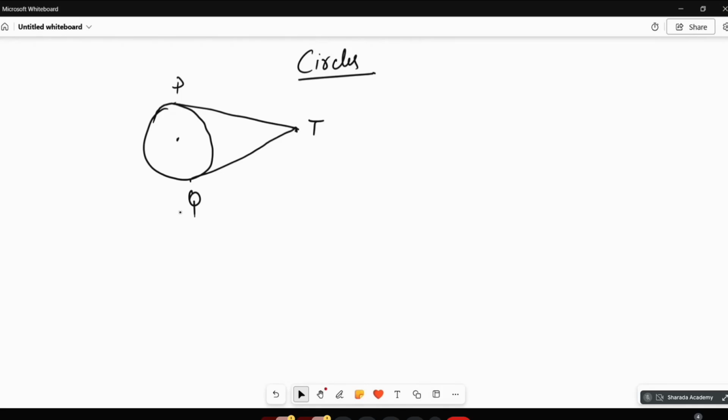That is PT is equal to TQ. So that is one of the important things which we use in problems to prove or solve anything.